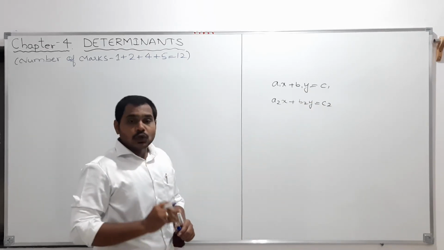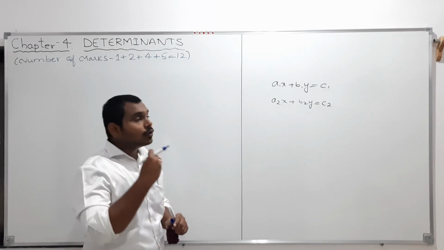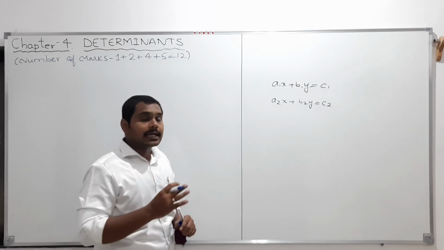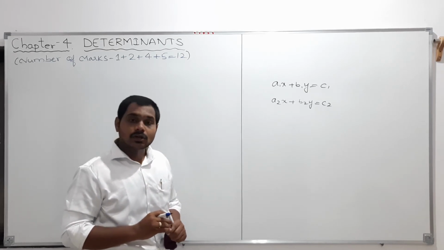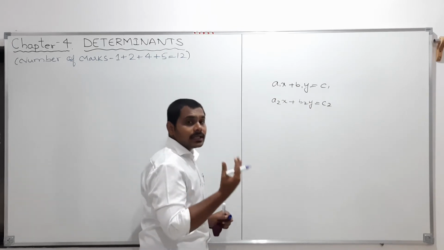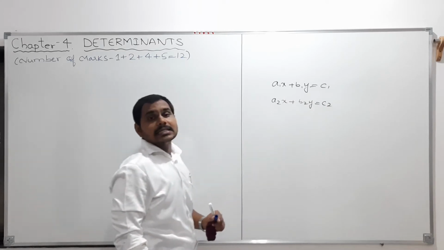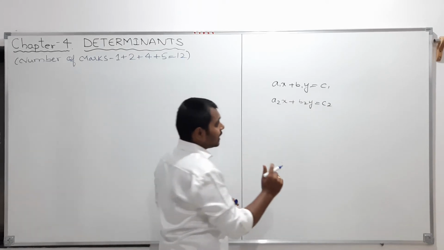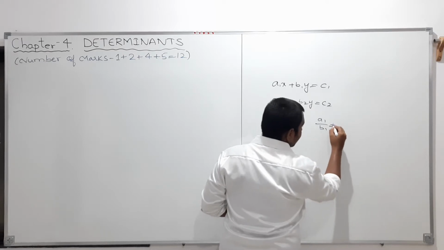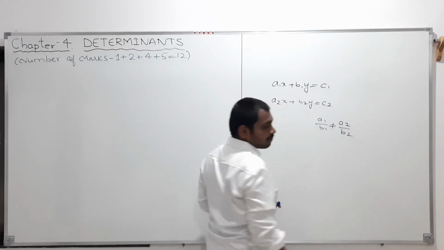If we have these two linear equations, how to find the solution, we discussed in your earlier classes in high school. Clear? So I am just recalling the things. If I have two linear equations, you may see here a1 by b1, if a1 by b1 is not equal to a2 by b2.